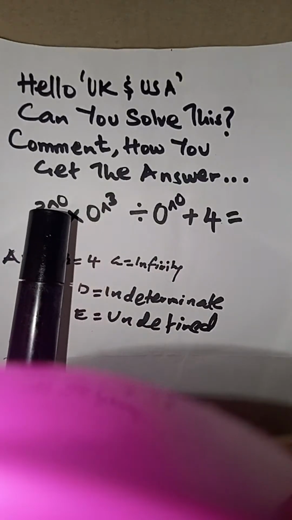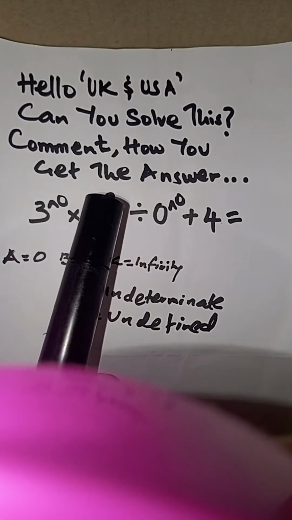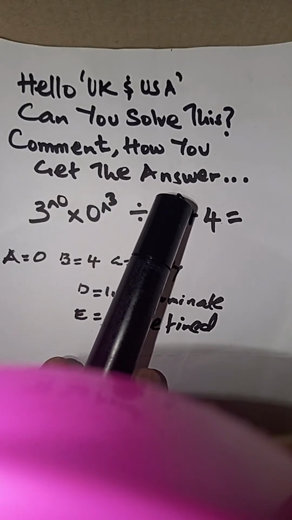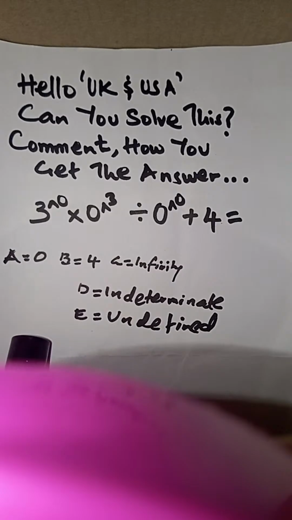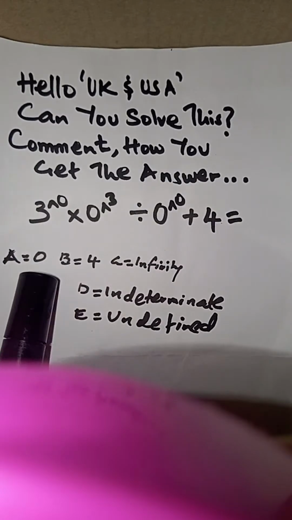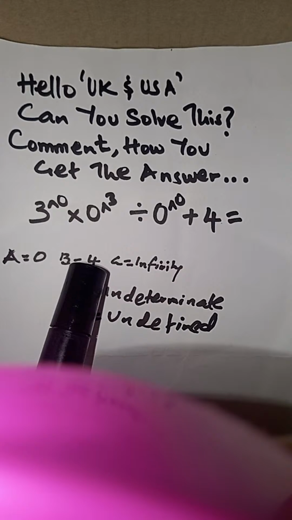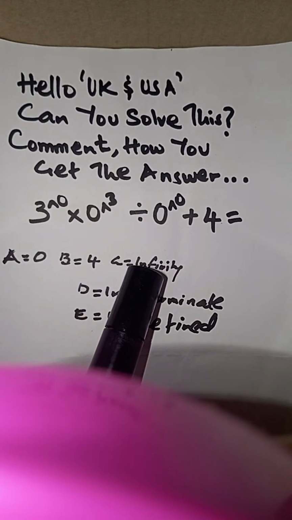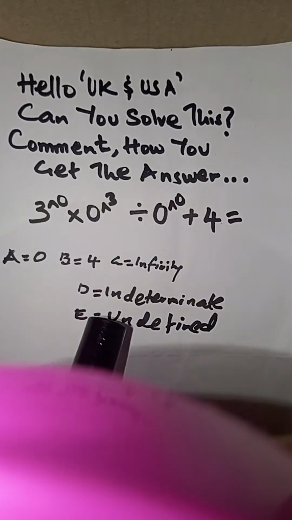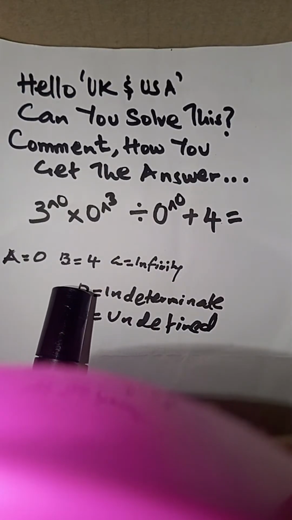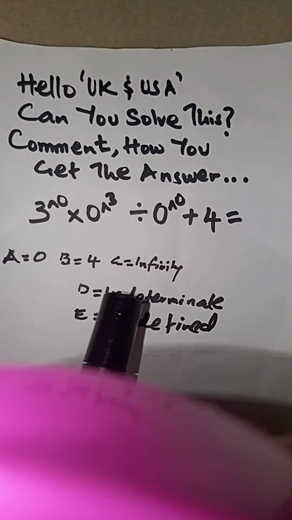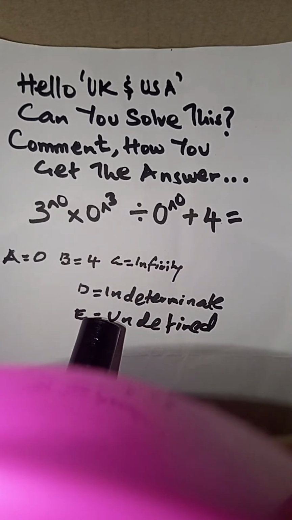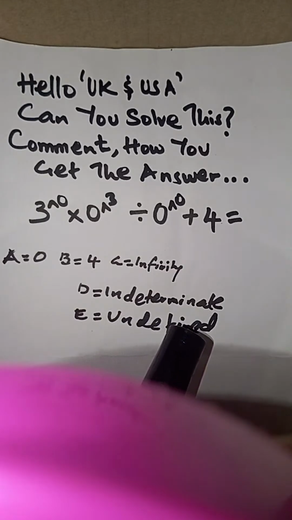Try if the power is 0 and the power is 3 and the power is 0. Are you still getting A 0, B 4, C infinity? We have another option, D indeterminate, or E undefined.